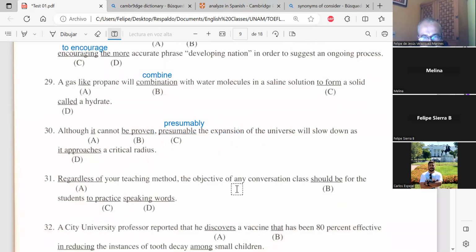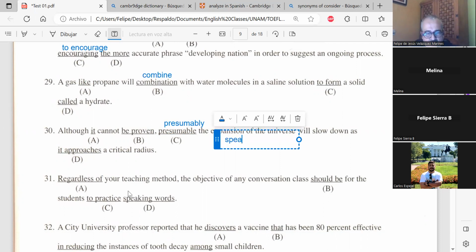"Regardless of the objective of conversation for the students to practice speaking words." This is a class of English, or this is an English class. When we eliminate prepositions, we use a reduction. But what is the general topic here? It's the speaking.